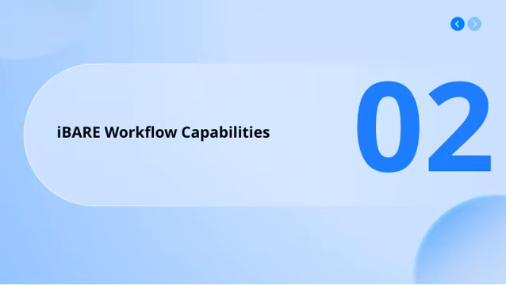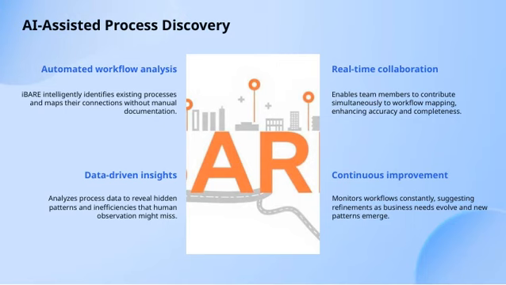Finally, these capabilities collectively support our broader theme of digital transformation, empowering us to work smarter, faster, and more effectively. By leveraging iBARE's workflow capabilities, we're taking a significant step toward modernizing our operations and staying ahead in this competitive landscape.